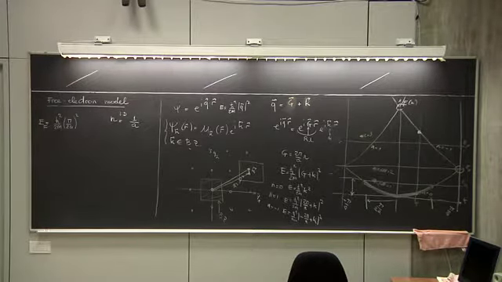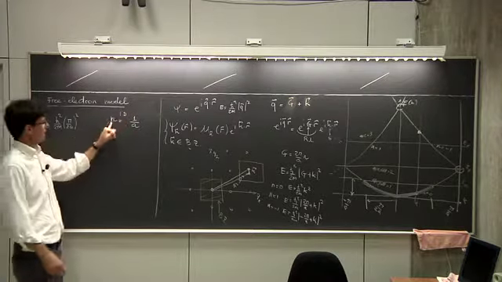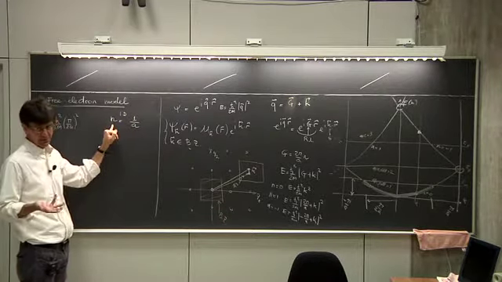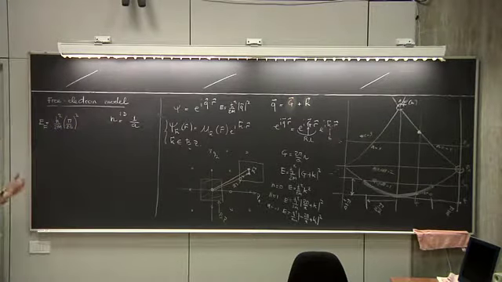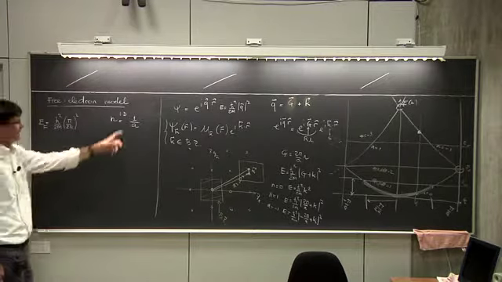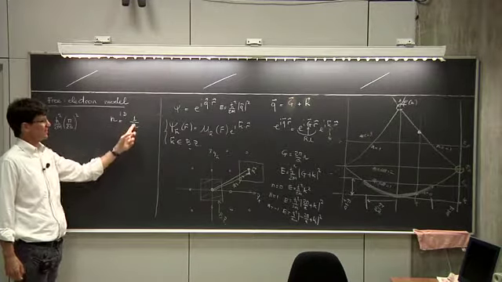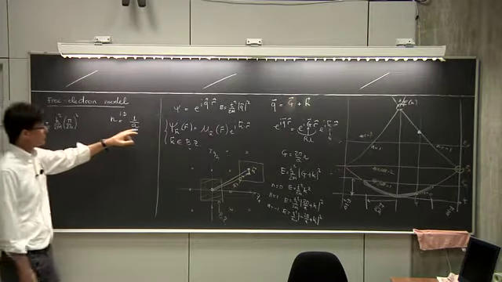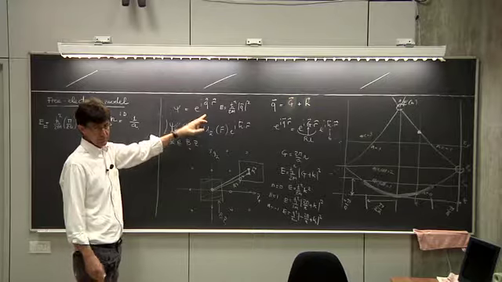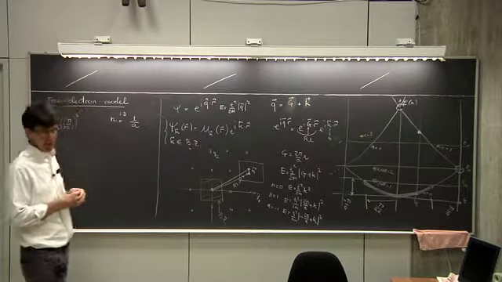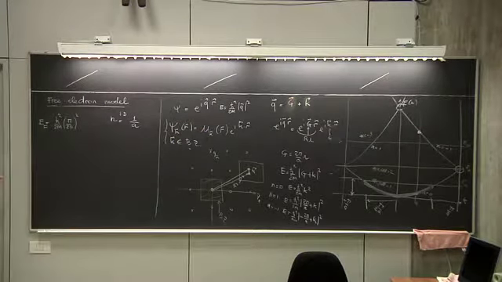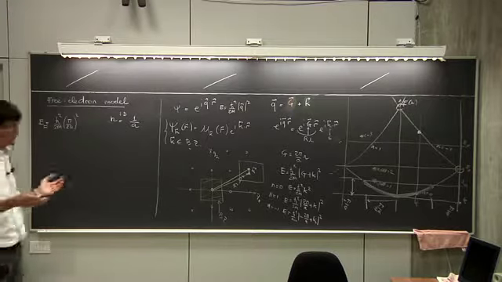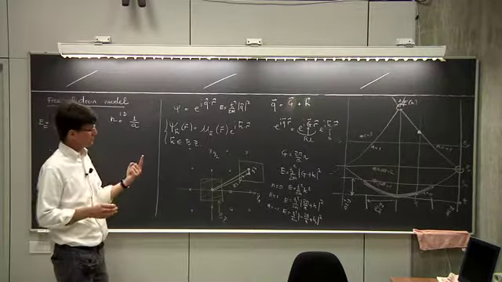Now, the density in 1 dimension has the dimension of 1 over a length. In 3 dimensions, it's 1 over a length cubed. Since I have 1 electron per unit cell, the density of electrons is 1 over a. Notice that this is a constant density because our solutions are plane waves, so the square modulus of a plane wave is a constant, 1. So it's a constant density, and we have 1 electron per cell.